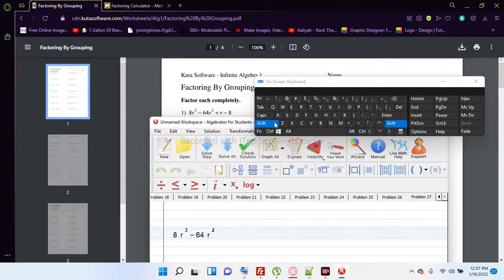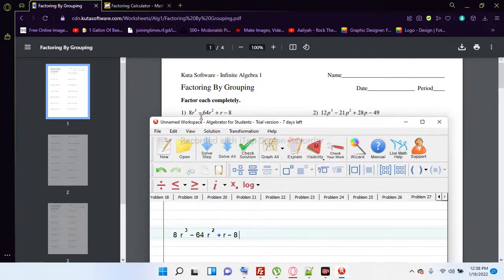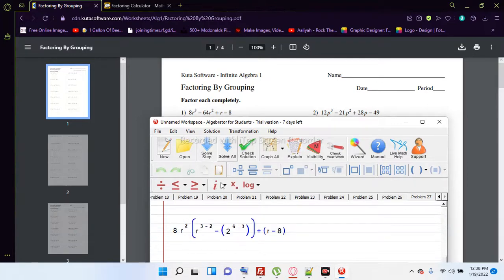Plus, shift, plus, R, minus 8. Good. Double check: 8R cubed minus 64R squared plus R minus 8. All right, we're correct. Solve all.